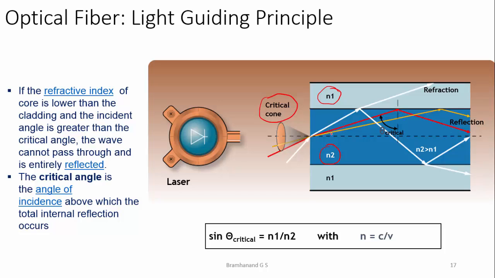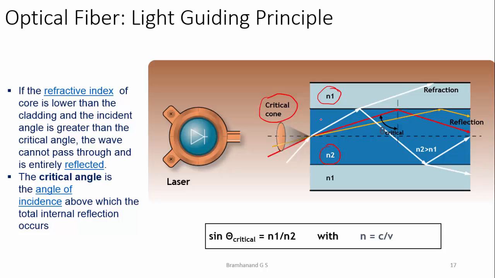So once my light touches the interface between the core and the cladding, it reflects and passes with total reflection further. As you can see, light will have multiple angles of incidence.